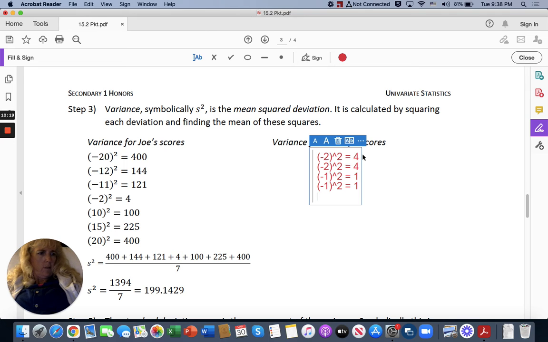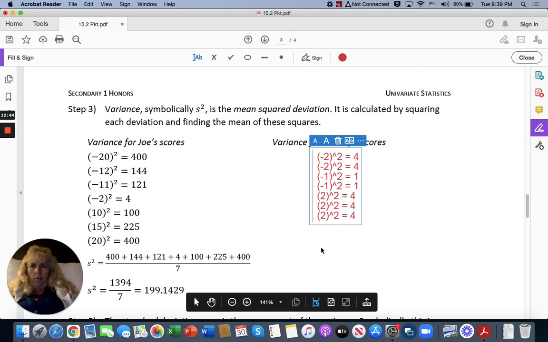And then we have another 2 squared, it's 4. And we have another 2 squared, 4. And the last one is 2 squared is 4.